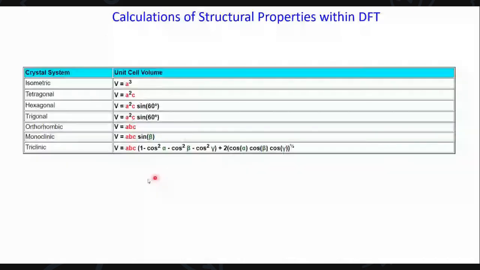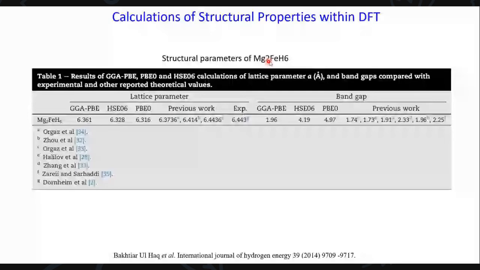We calculated the lattice constant for Mg2FeH6. These are the results that we calculated, and they have been found in very good agreement with that of the experiment and other theoretical results obtained using different approaches.